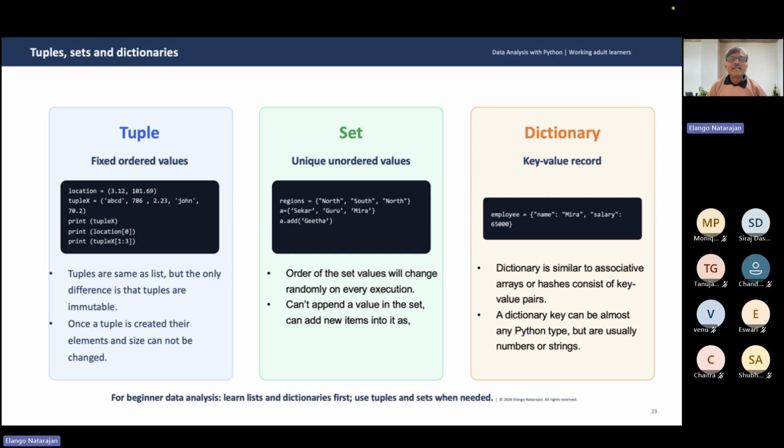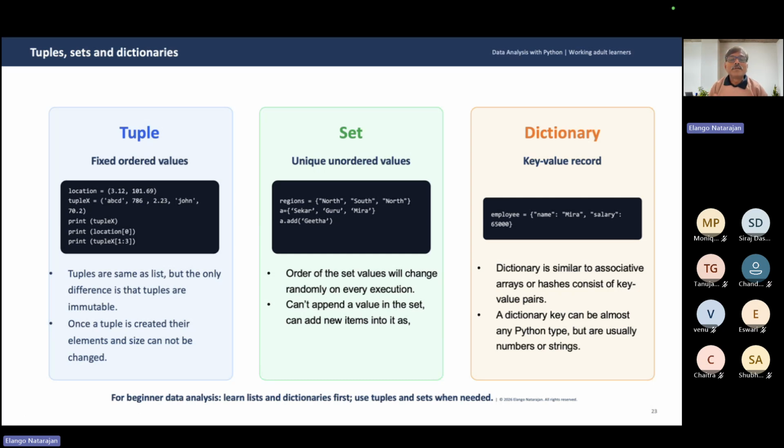All right, the set is unique unordered values. That means you can create the set variable, this data structure, with curly braces. You just use braces, and you can type all the data within quotes, whatever it is, separated by commas. So this creates a set. This set variable, very important, you cannot append a value to a set like a tuple, but you can add new items to it.